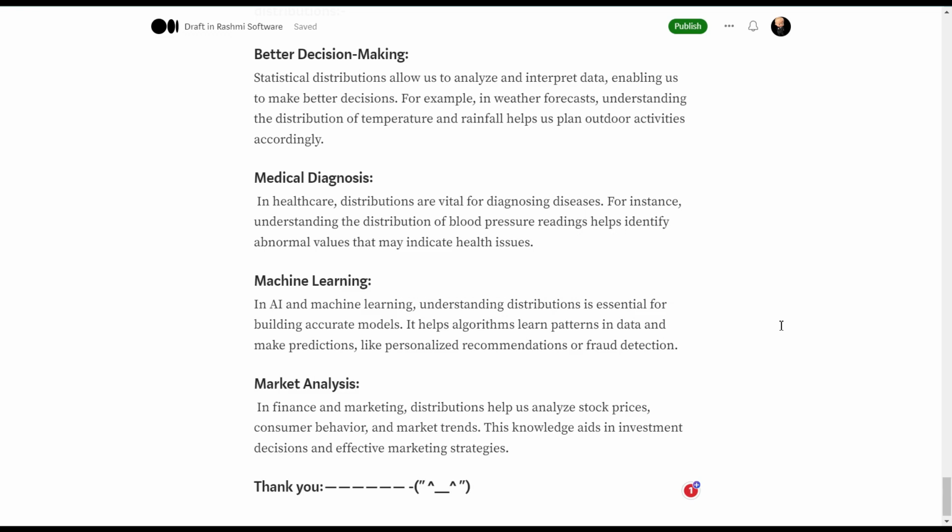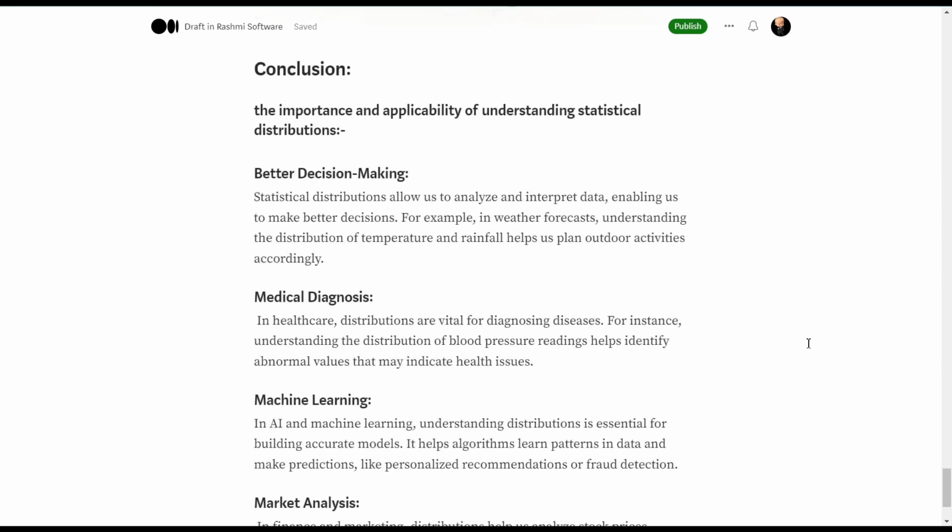After knowing all the information, you should take a decision on that. Without taking a decision, you can't do anything, and you can't analyze the market value. So it's very important in our life to know about the things happening in our daily lives. So we should have knowledge about understanding statistical distributions.